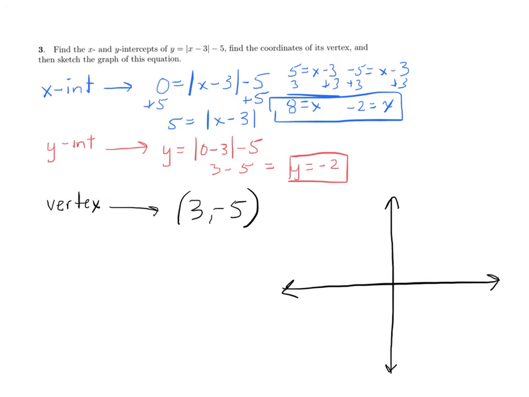So we're going to sketch this out. My vertex, I'll make that kind of in a purple color. So vertex is 3, -5. So 1, 2, 3, 1, 2, 3, 4, 5. And label it.